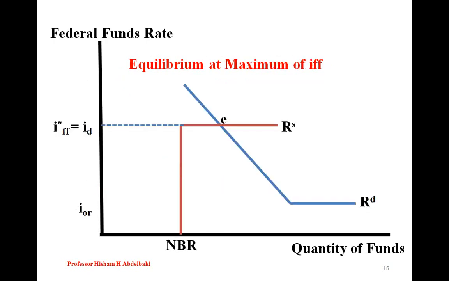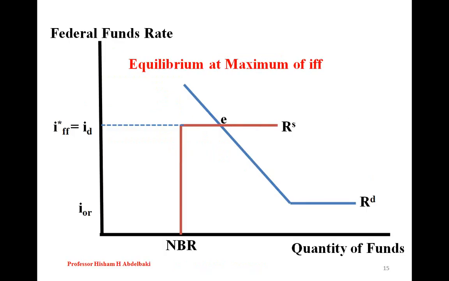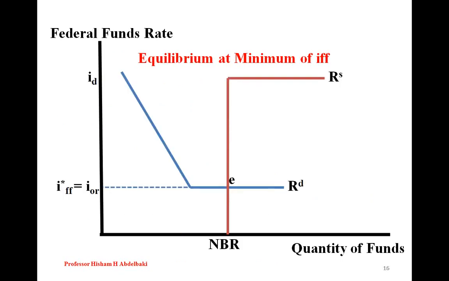So we have three possibilities of equilibria. One, when the demand curve is a downward sloping curve. The second one, when FF is at its highest level, when FF equals the discount rate. And the third and final one is when FF is at its lowest level, when FF equals IOR.